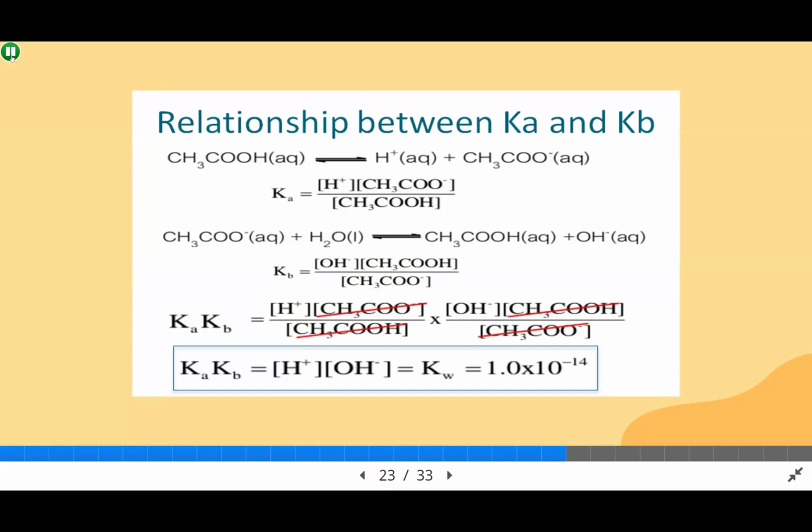It can be shown that when reactions are summed up like this, the resulting equilibrium constant, in this case Kw, is equivalent to the product of the equilibrium constants of the constituent reactions. So therefore, Kw is equal to Ka times Kb.